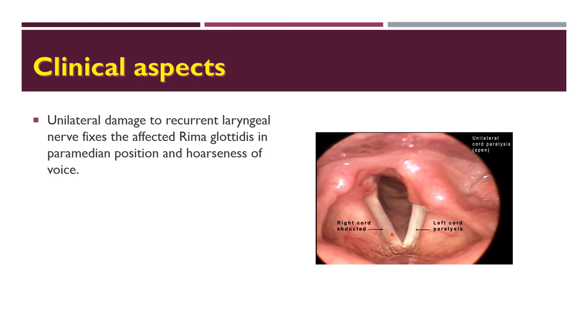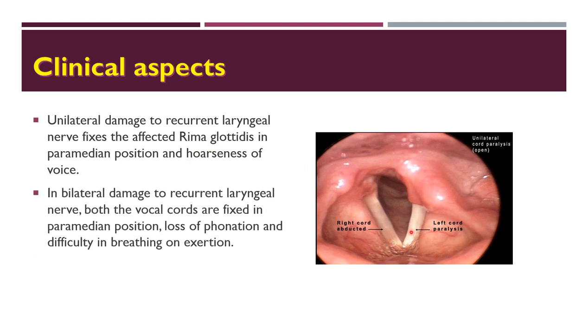The right cord is normal, it is abducted, whereas this is paralyzed. Since one half is working, there won't be any difficulty in respiration, but hoarseness of voice will occur and weakness in producing the voice might take place. So mainly the hoarseness of voice you can see in unilateral paralysis.